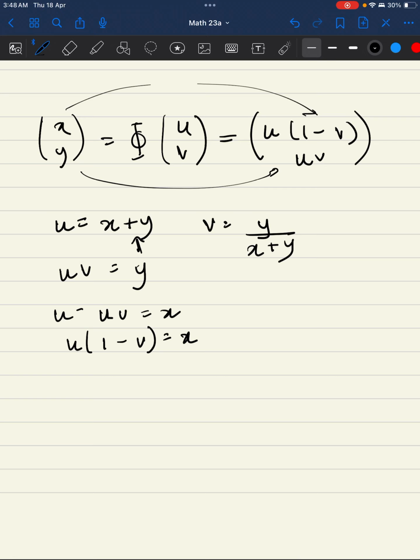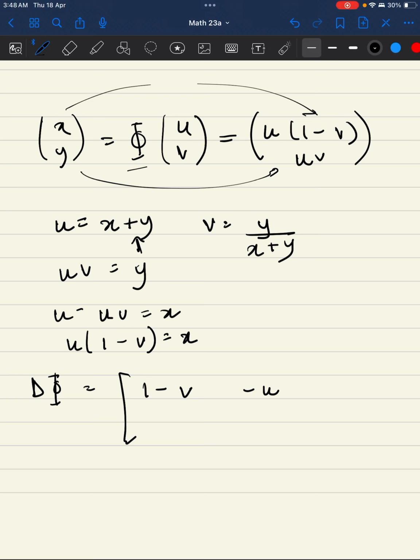Alright, now that we have this, we can find the Jacobian of this transformation phi, which is going to look like this. We differentiate the top with respect to u, which gives us 1 minus v. Then we differentiate it with respect to v to get minus u.